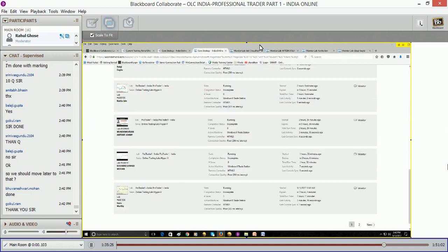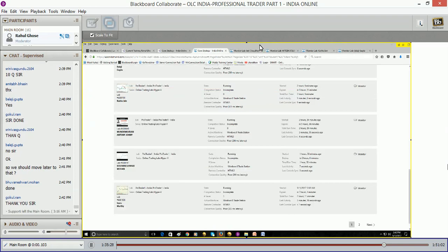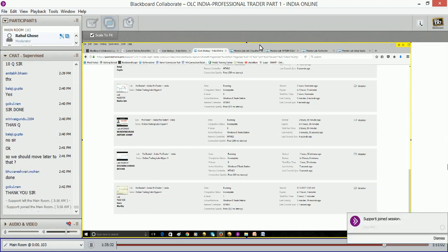The levels we are marking are not levels where you're going to go and take a trade. I repeat, we are not going to take a trade over here. We have only learned one part of the concept. You cannot start taking trades just by learning one part of the concept. These are not qualified demand and supply zones. I'm just teaching you how to mark your zones. Please keep that in mind. There will be enough and more time for us to trade, friends.